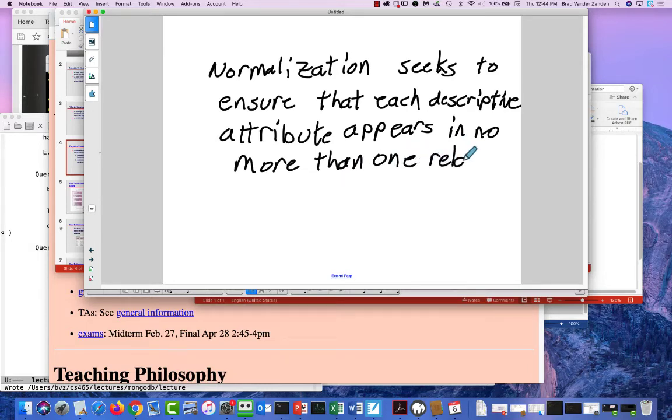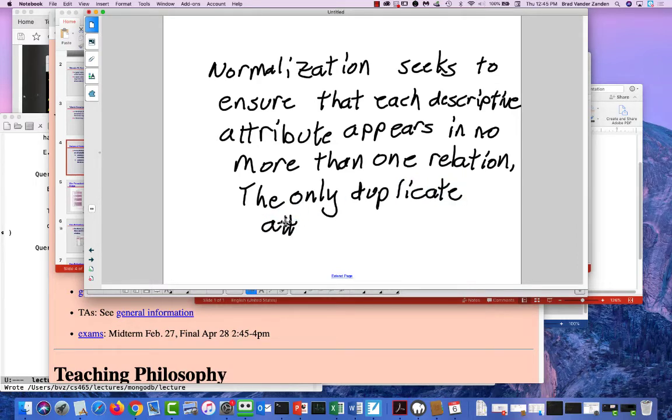So the only duplication is with keys, okay? The only duplicate attributes are keys. Generally foreign keys and primary keys. In fact, the only duplicate keys really are foreign keys. Okay, that's what normalization is aiming for. So your only duplicate attributes are foreign keys.